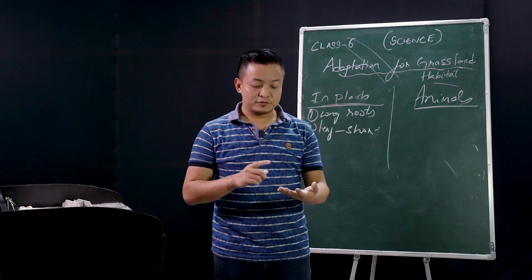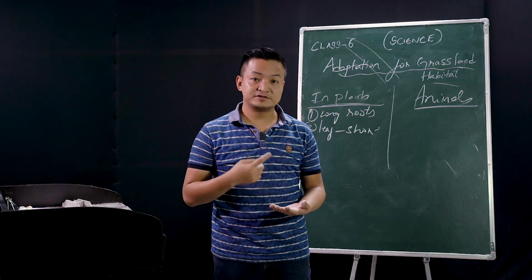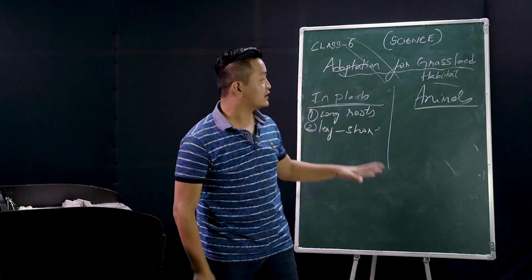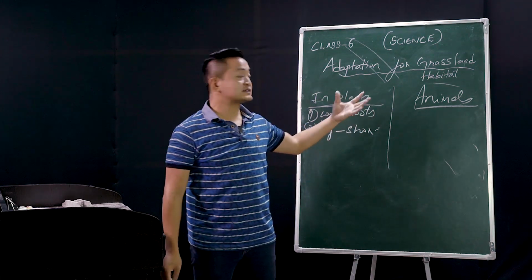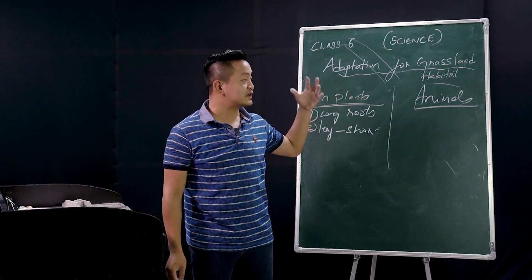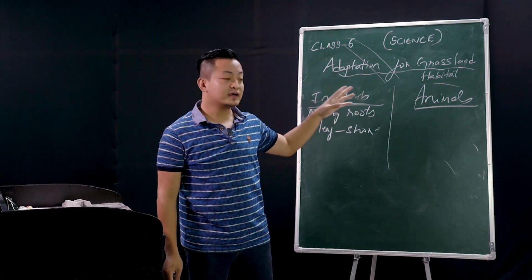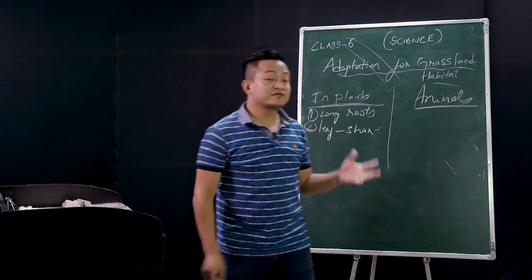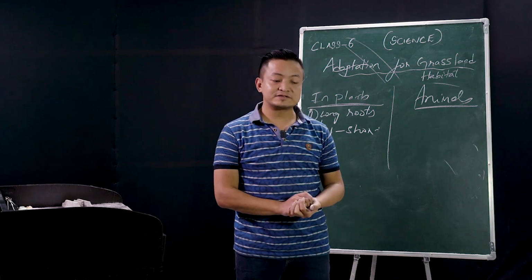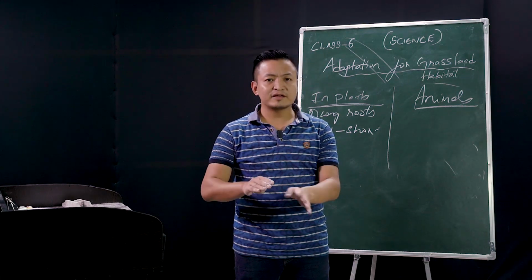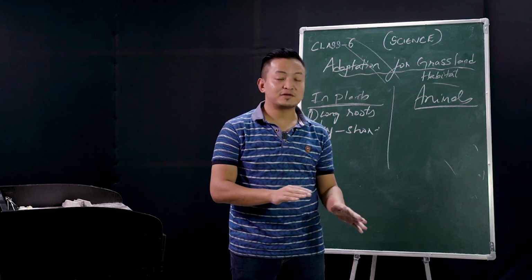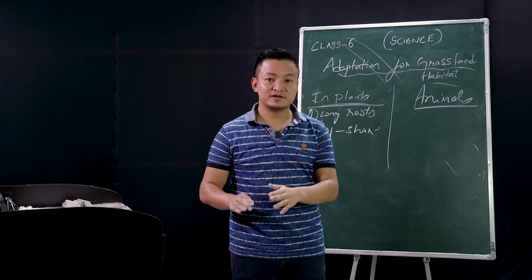Lion, I can give you, deer, giraffe, zebra. All they are examples for grassland habitat. Okay, those animals that survive in grassland habitat. Now, the important feature for them is they can even live in the forest as well as in the grass. Clear?